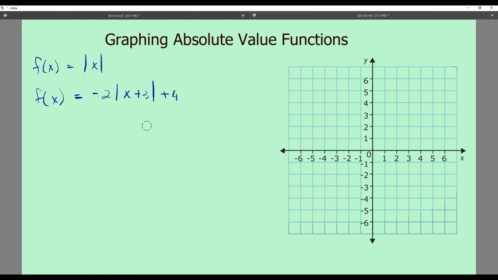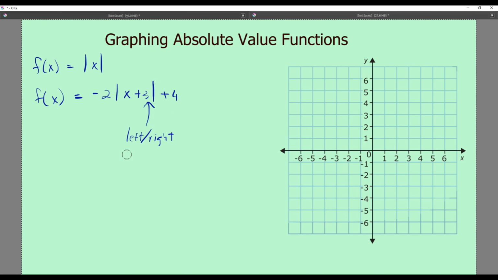So here, you always start with the number next to x inside the absolute value. Okay, so next to x inside the absolute value, that goes first, and that goes left or right.